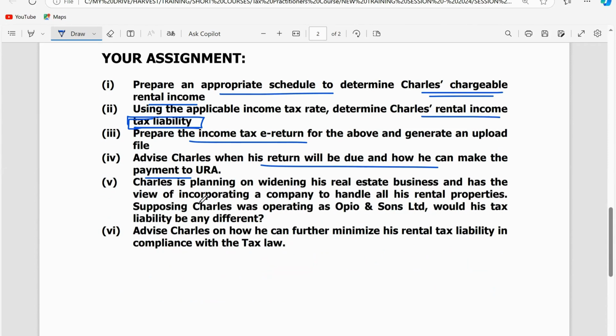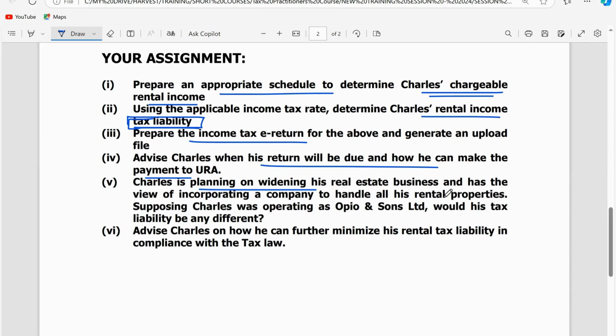You remember I told you that we are going to be tax consultants who add value to our clients. So we don't end at just filing the return. We are going to advise Charles on how to plan for his taxes, how to structure his business so that he pays a lesser tax, which is the tax planning bit. What are some of the things he can do to reduce the tax liability?